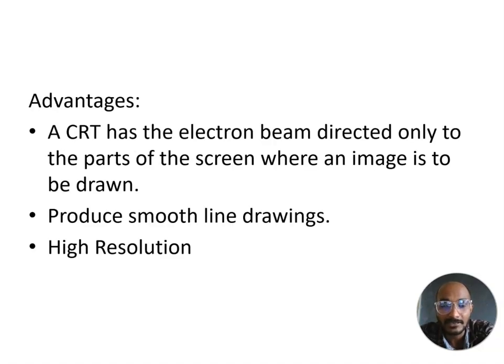Next, some advantages. A CRT has the electron beam directed only to the parts of the screen where an image is to be drawn, meaning only where we want an image will it draw the figure.